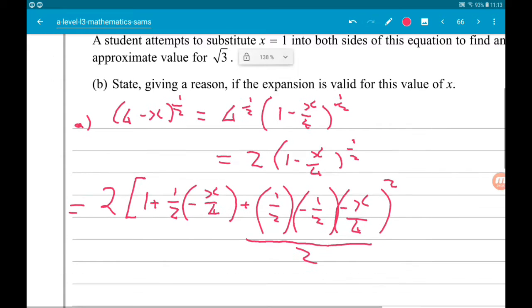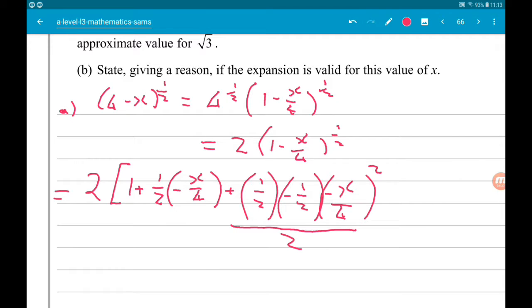And that's all we need, so we could put a plus dot dot dot.